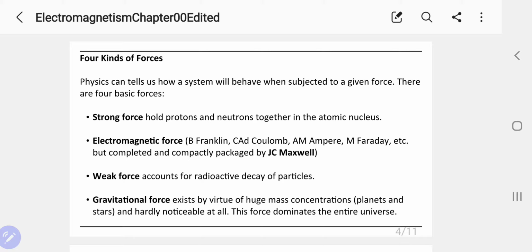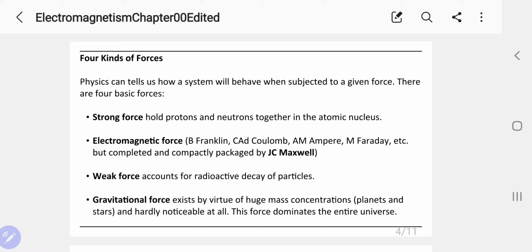The third one is the weak force. These forces can be observed in radioactive decay of particles. Like you have a bigger atom, like uranium, it will decay to a smaller atom plus some radiation.